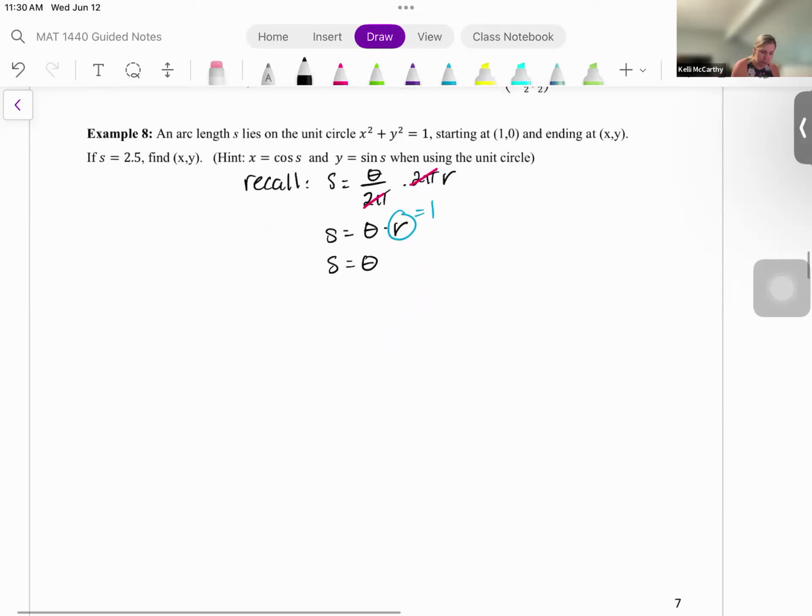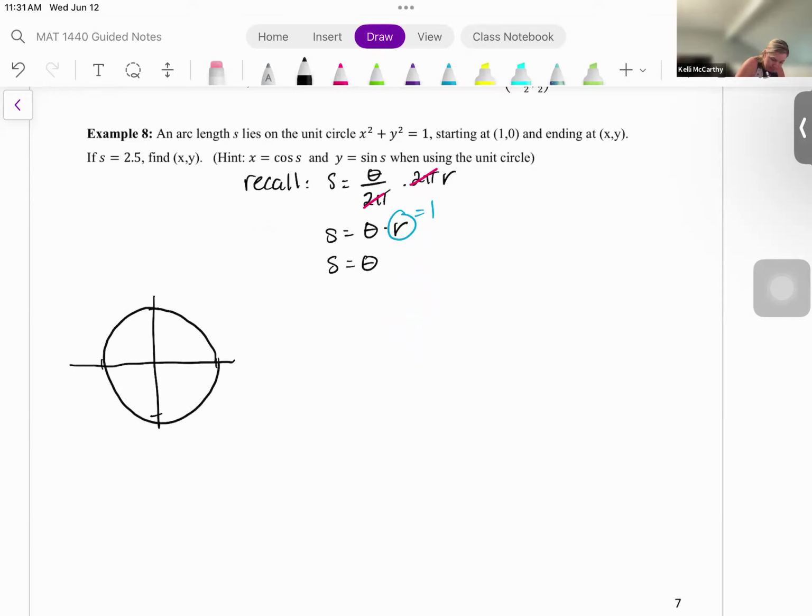All right, so now let's start working with this problem. Let me draw a quick sketch of our unit circle. These are (1, 0), (0, 1), (negative 1, 0), (0, negative 1). The arc length is given to be 2.5. So that means that theta is equal to 2.5 radians. Now, where does 2.5 radians lie on this picture?